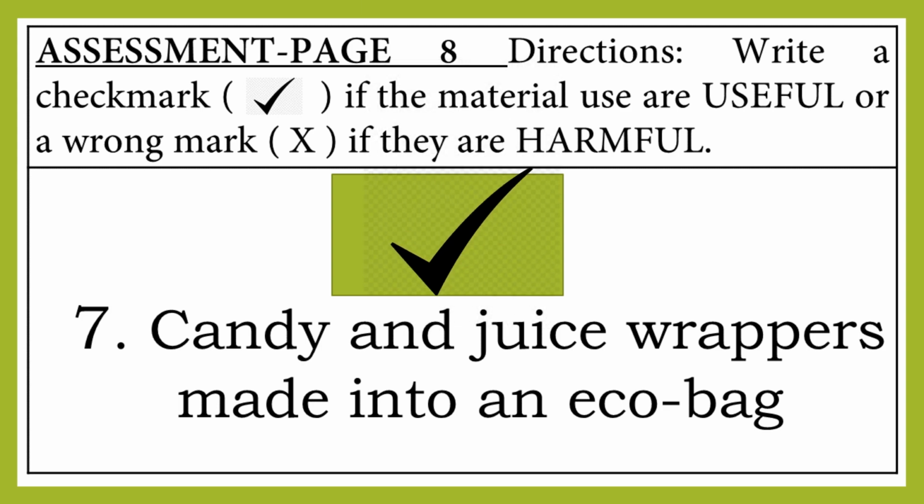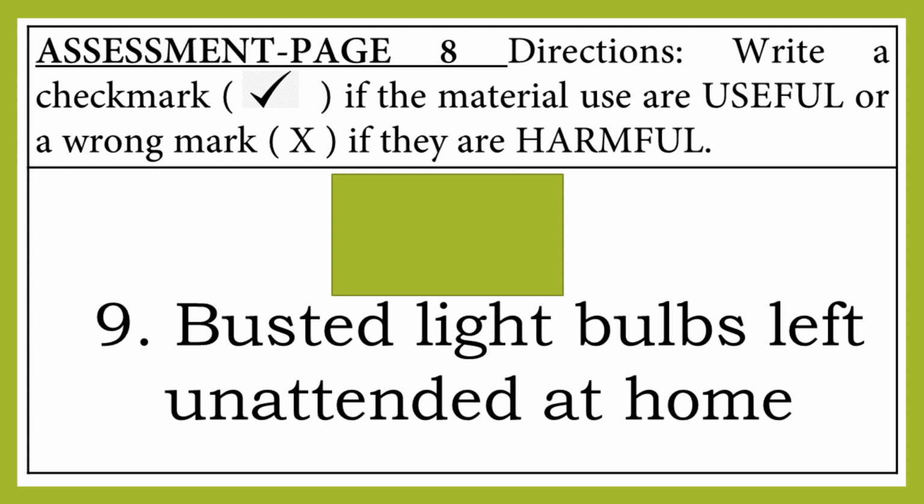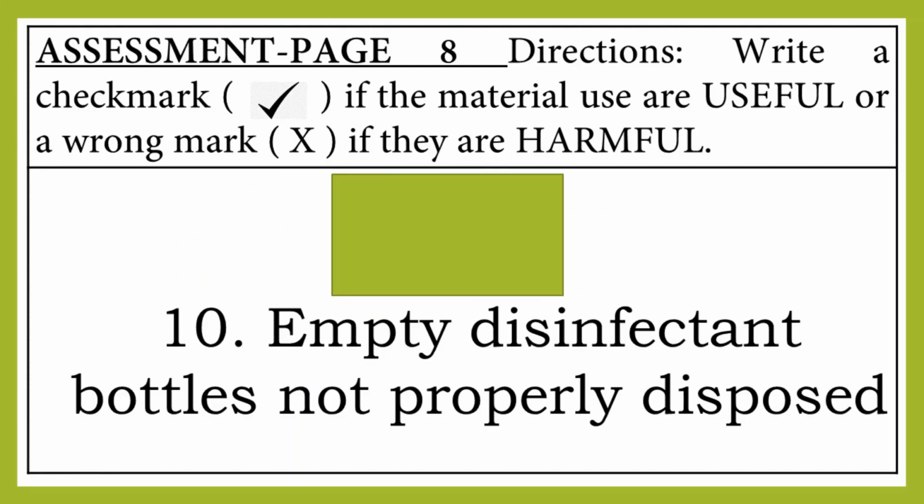That is check. Number 8, plastic water bottles thrown in the canals. That is wrong. Number 9, busted light bulbs left unattended at home. That is wrong. And number 10, empty disinfectant bottles not properly disposed. That is wrong.